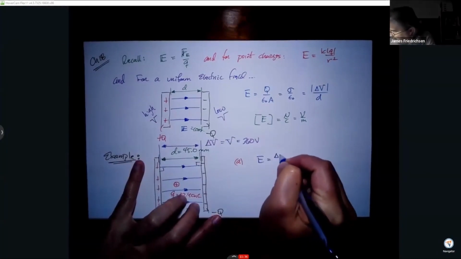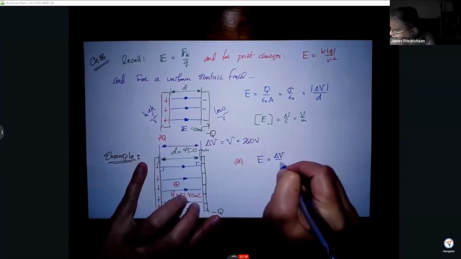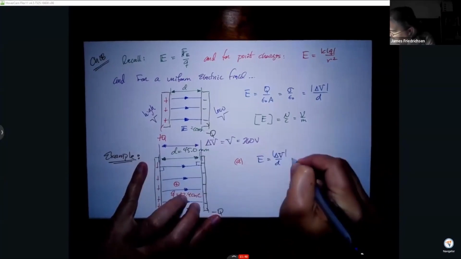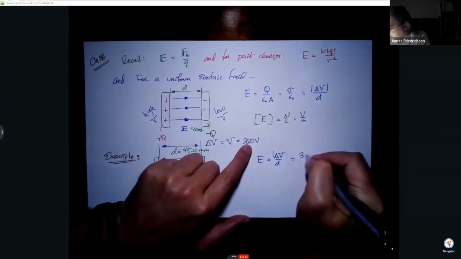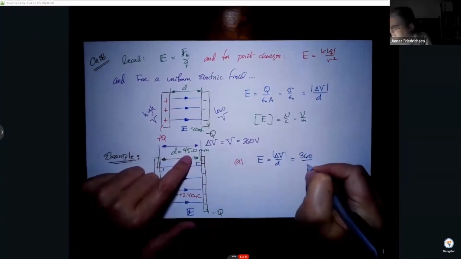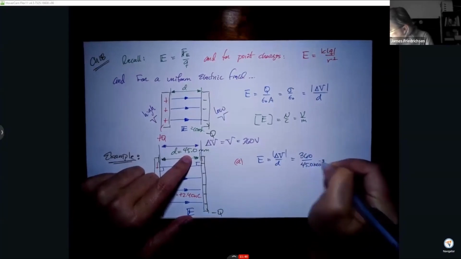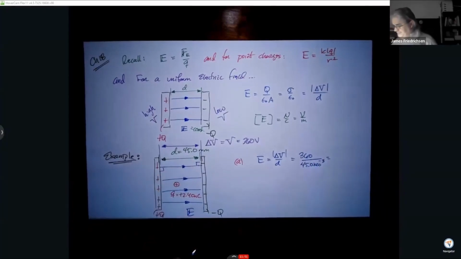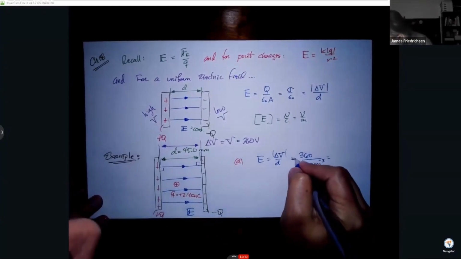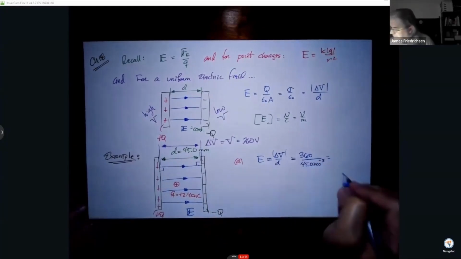All right, so let's calculate the magnitude of our electric field. This is going to be that potential difference between the two plates divided by the plate spacing. So that's 360 volts divided by 45.0, and milli is 10 to the minus 3.